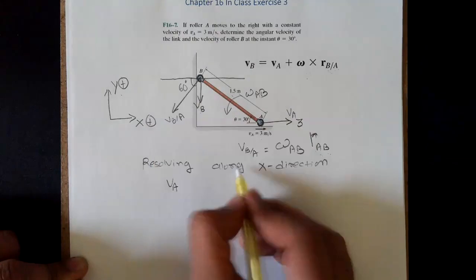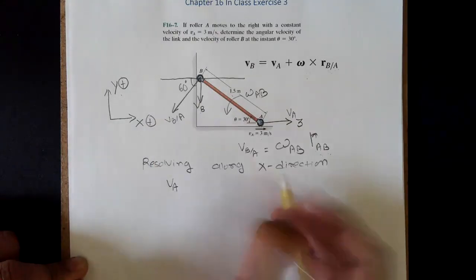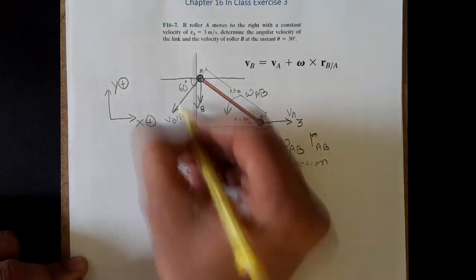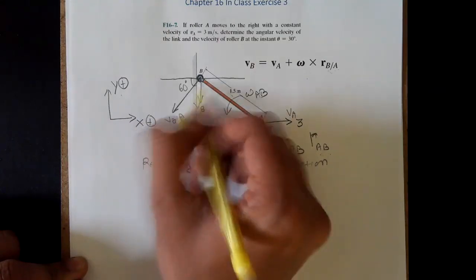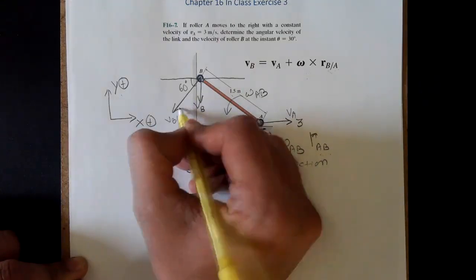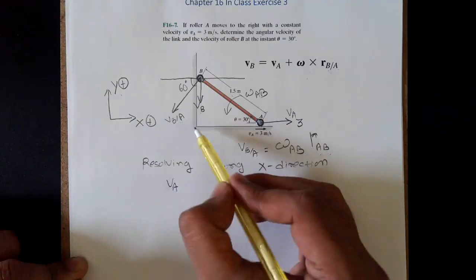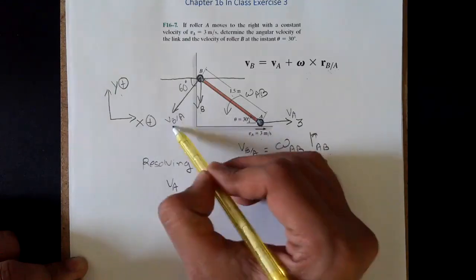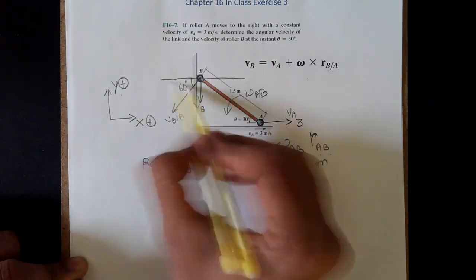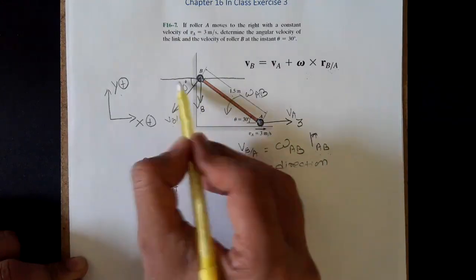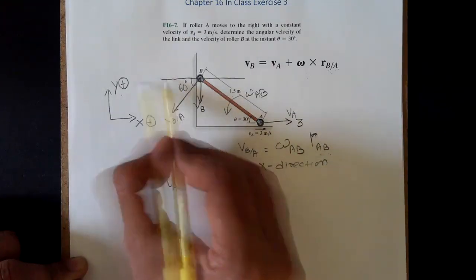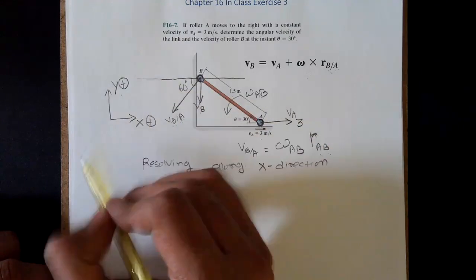VB is vertical, so it does not contribute to the x direction, but VB relative to A is pointing here, which is at an angle to x and y, so it has both horizontal and vertical components. The horizontal component of VB/A is VB/A cosine 60, and that will point towards the negative x direction.